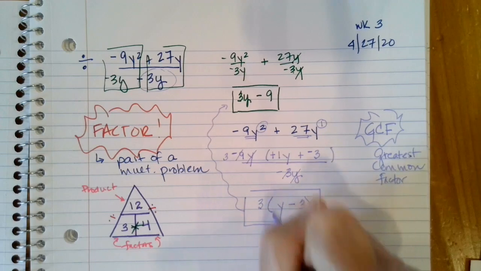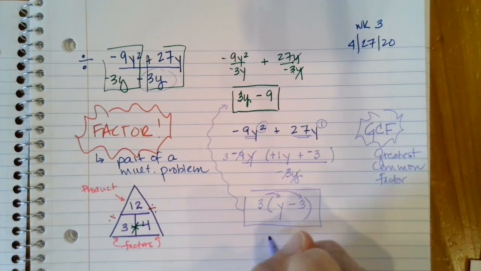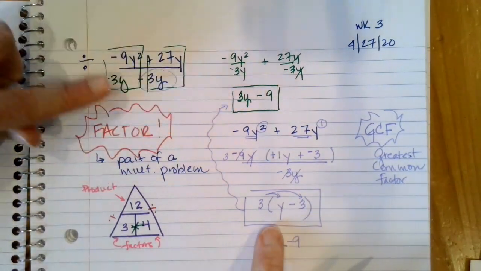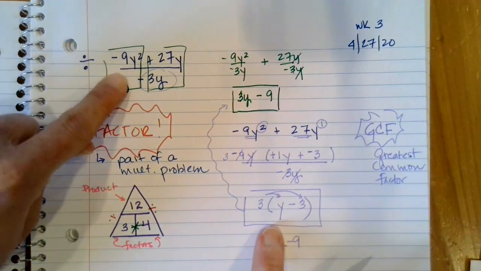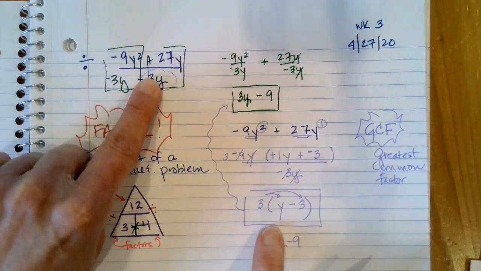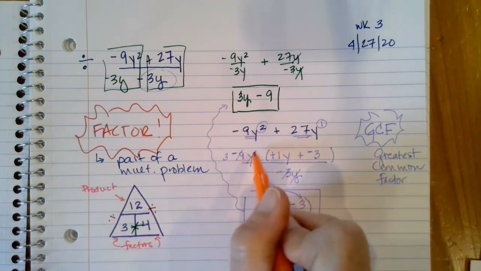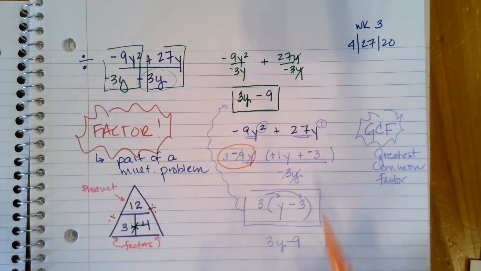In fact, if I distribute my 3, I get 3y minus 9. So there becomes two ways of dividing. One where I distribute my divisor to both of the terms in my expression, and one where I look for and find a common factor that comes out, and then I can simplify that way.